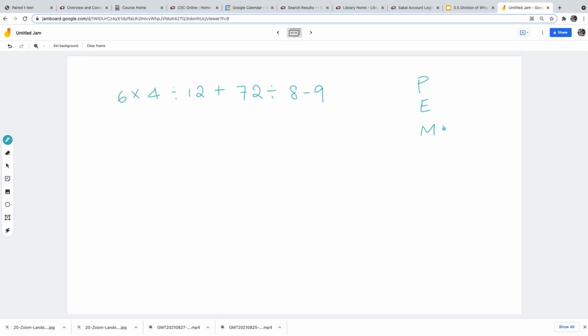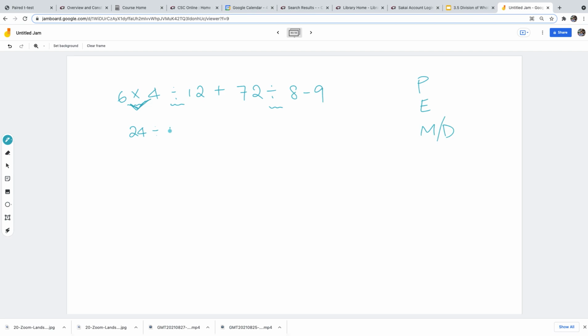Now, multiplication or division, I'm going to write them side by side. So whichever comes first, you have to do that. So let's see. I see multiplication, division, and division here. What comes first? This comes first. So you're going to do this operation first. 6 times 4, 24.